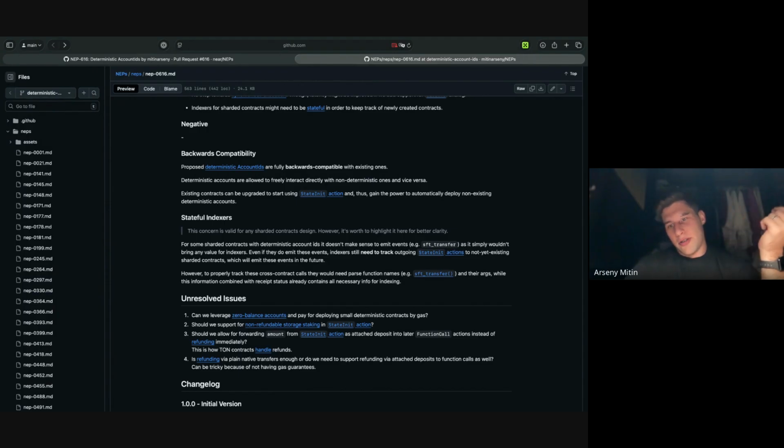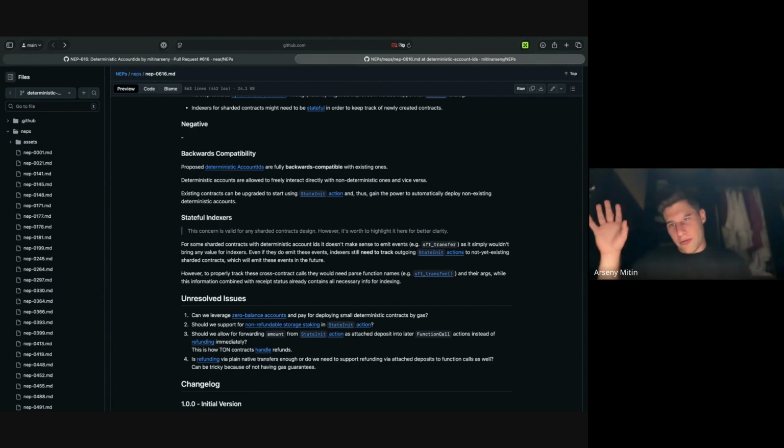But when you think about sharded contracts and sharded protocols, then the indexer doesn't know what to track. It doesn't know all of the account IDs that this indexer is interested in. That's why I think all of the indexing infrastructure should implement some stateful approach, where it has a forever growing map of sets.